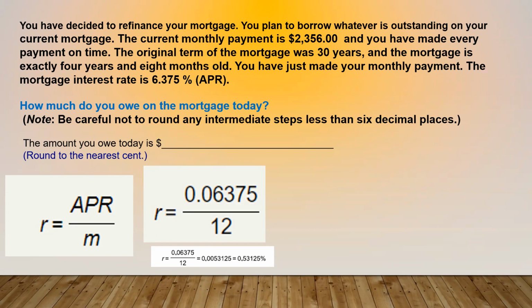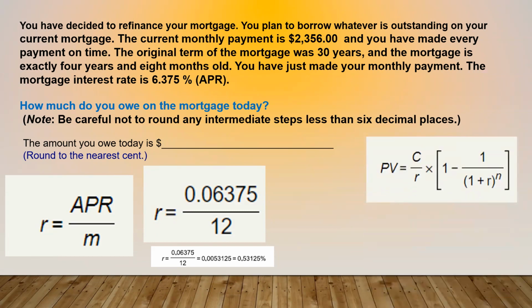Then we have to calculate the present value of the remaining payments using this formula, where the letters PV, which is present value, is the loan balance. The C that you see here would be the monthly payment, and the letter R would be the monthly discount rate, and the letter N is the number of periods.